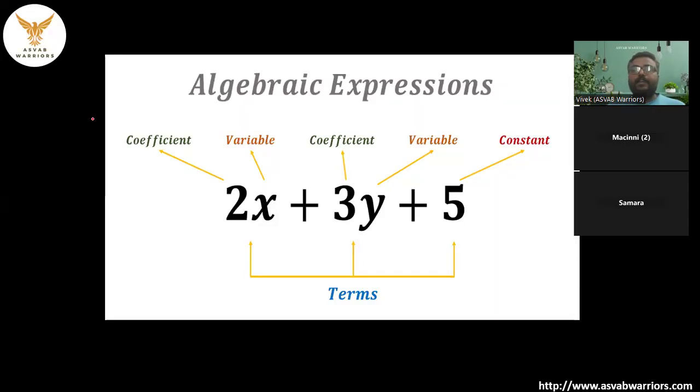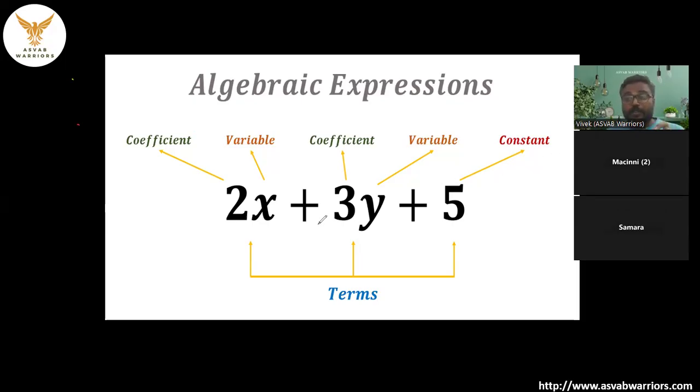Now, what exactly does an algebraic expression consist of? An algebraic expression consists of some numbers and a few letters, so alphabets basically. All the alphabets that you can see, X and Y, are variables because their value can vary.